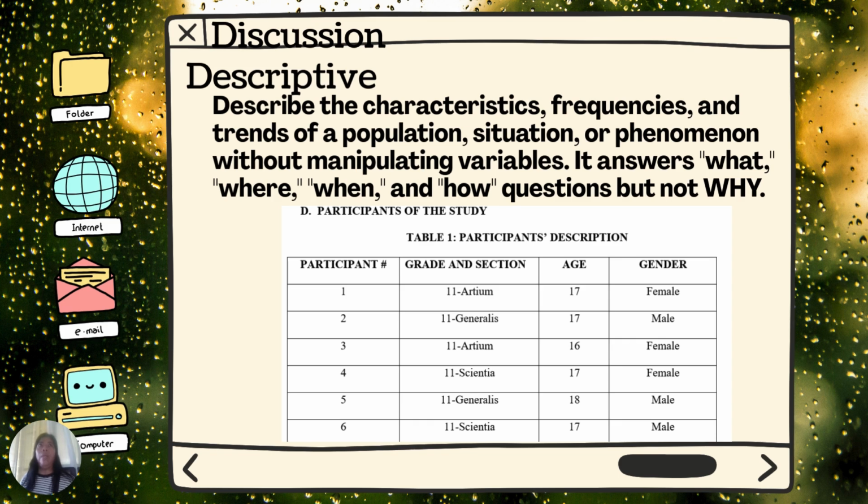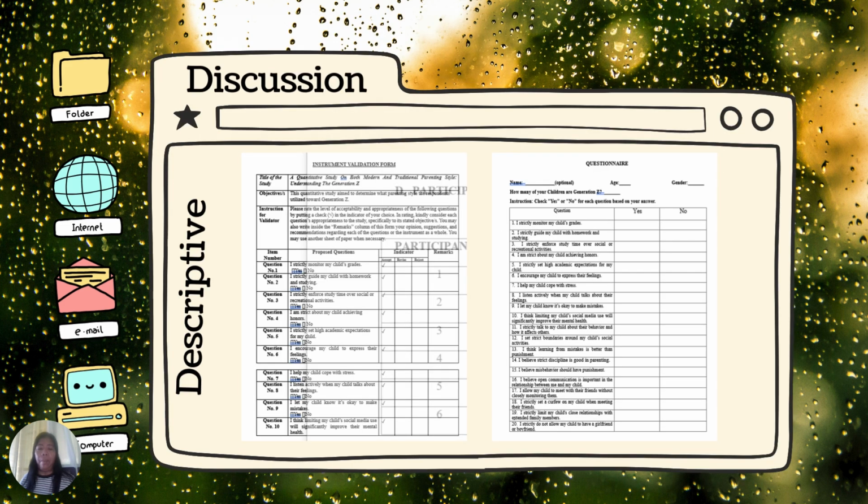Why do you need this profiling? If there is something to be clarified concerning the responses, you can easily get back to these respondents, because the background of the respondents is also needed for this study. Another example is when you are conducting a study about parental style.